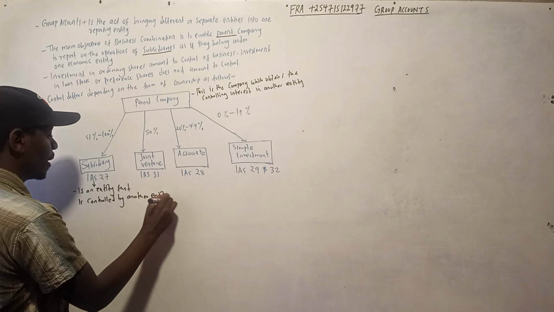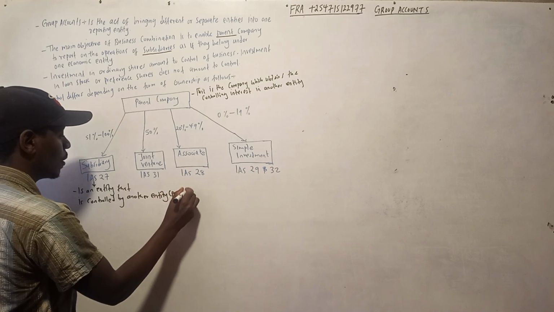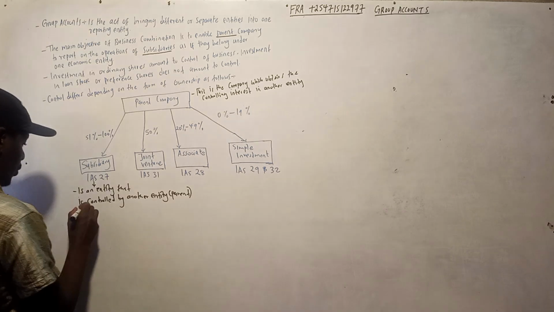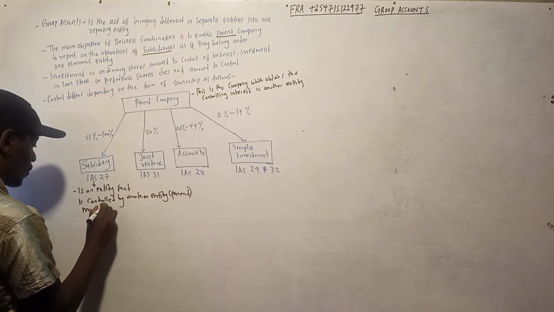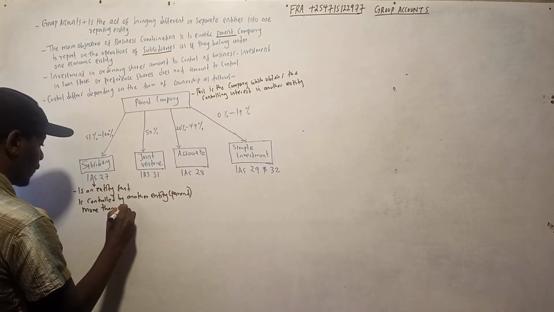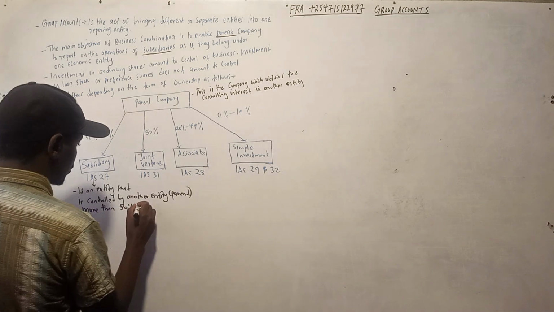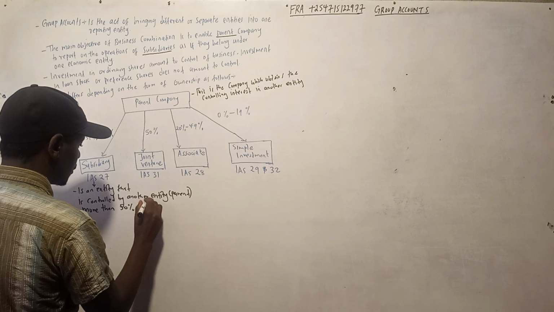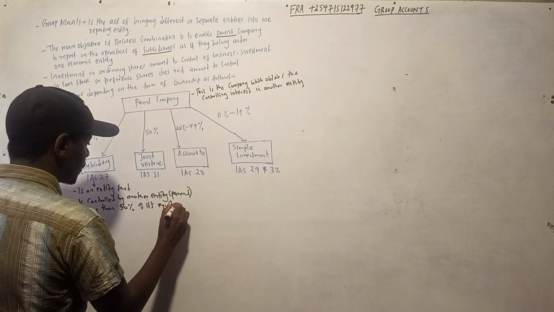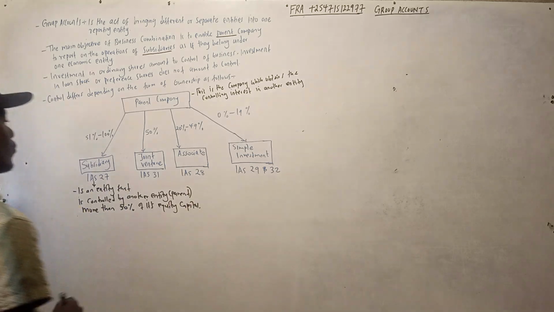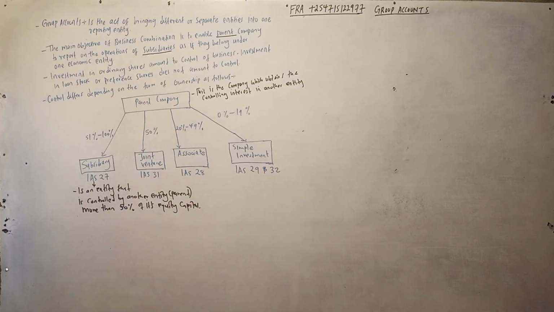That other entity is called the parent, which holds more than 50% of its equity capital. That is the definition of the subsidiary that you can find.